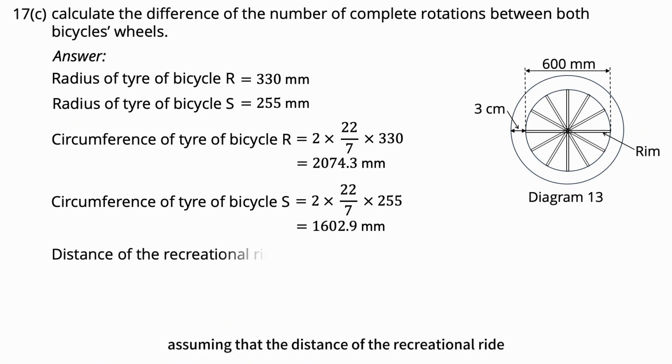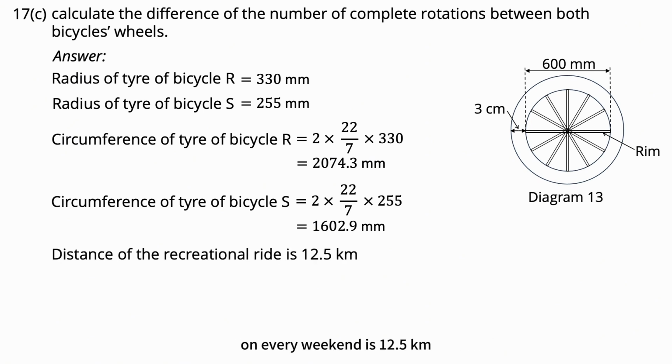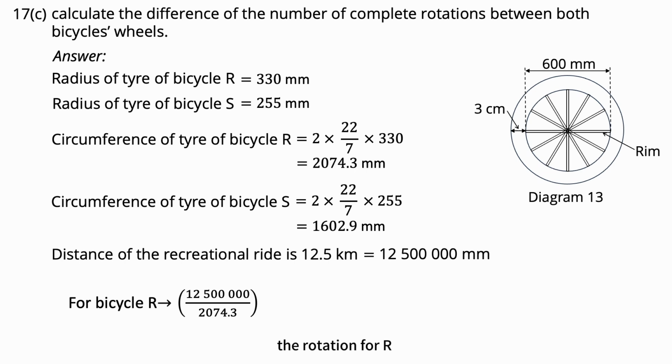Assuming that the distance of the recreational ride on every weekend is 12.5 kilometers, equals 12,500,000 millimeters. For bicycle R, the rotation for R is 12,500,000 divided by 2074.3. For bicycle S, the rotation for S is 12,500,000 divided by 1602.9.